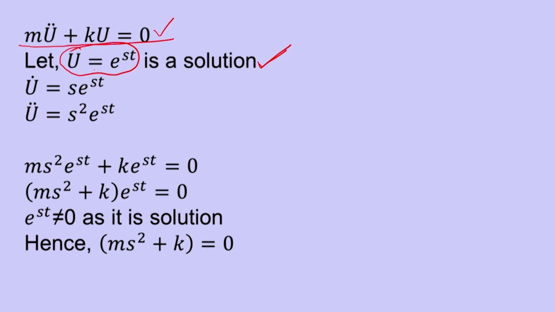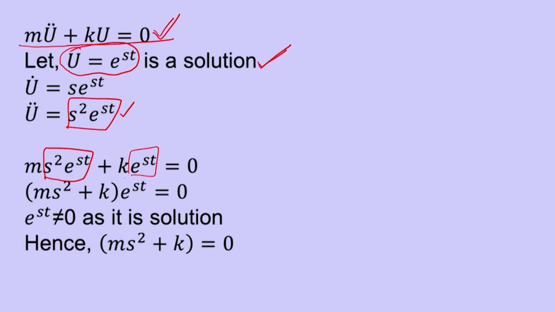If u is equal to e to the power of st is a solution, then its derivative, u dot, that is velocity, is s multiplied by e to the power of st, and if we double differentiate, we get s square e to the power of st. We substitute u and u double dot in the original equation, m u double dot plus k u is equal to 0.